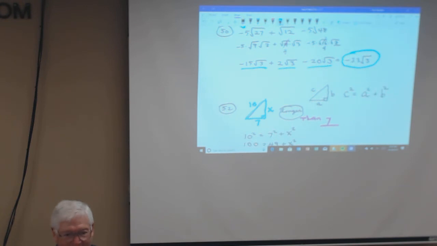He must have been so excited when he found this. In a right triangle, A, B, and C. C squared equals A squared plus B squared. Did you learn that someplace in school?